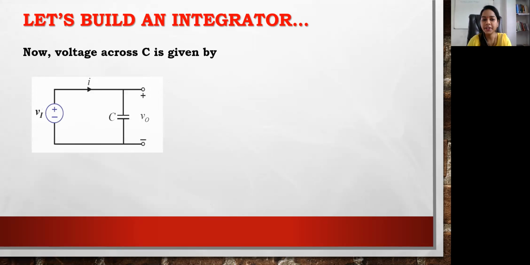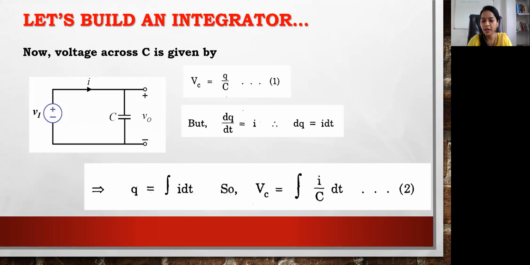But here what we need is an output voltage. In the last circuit, we integrated the current, but we also need the output voltage. So we are going to modify this circuit. The output voltage across this capacitor can be written as Q by C. You all know this equation, equation number 1. But dq by dt is equal to I, the current. Therefore, dq can be written as I into dt, and so q is the integration of I dt.